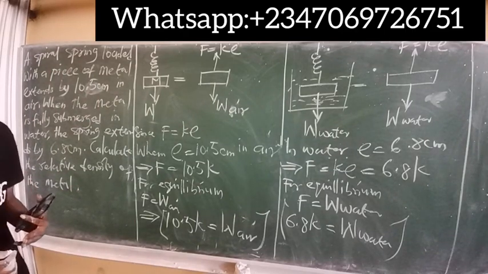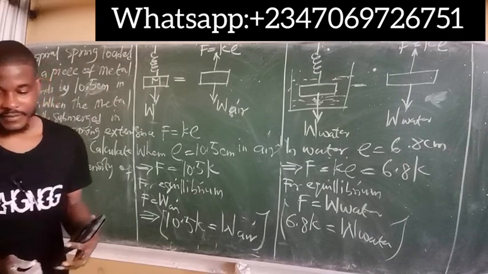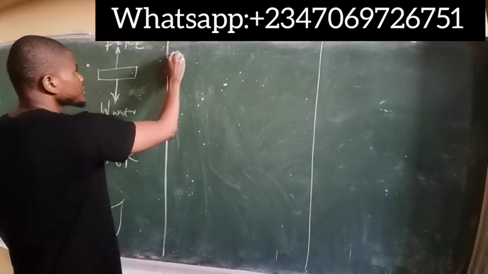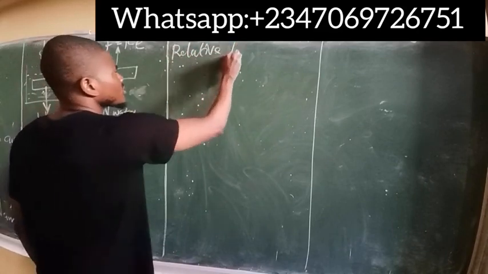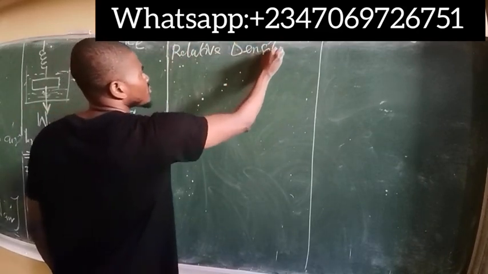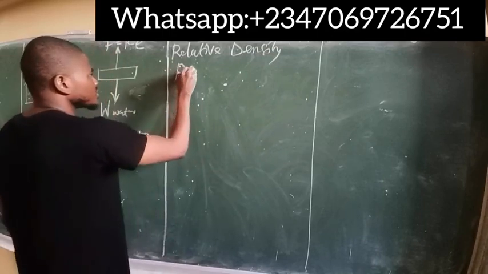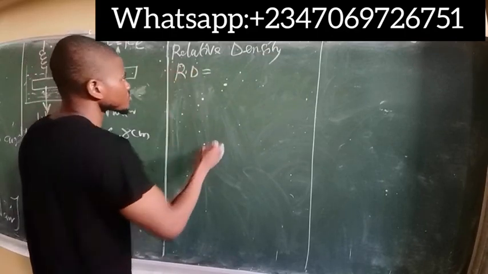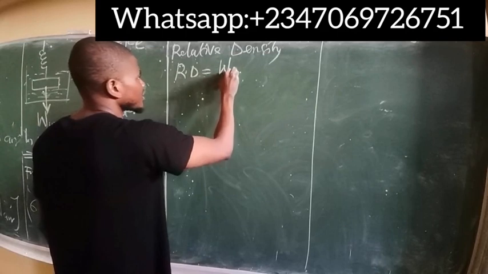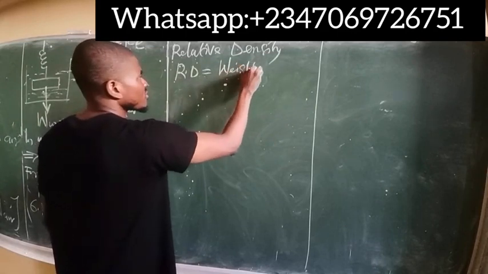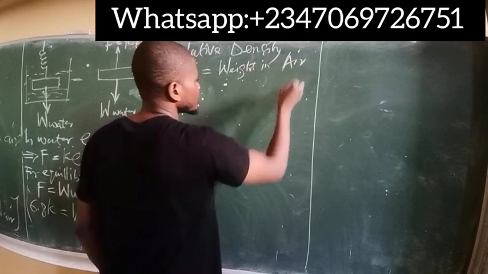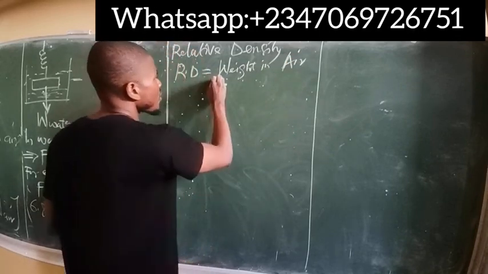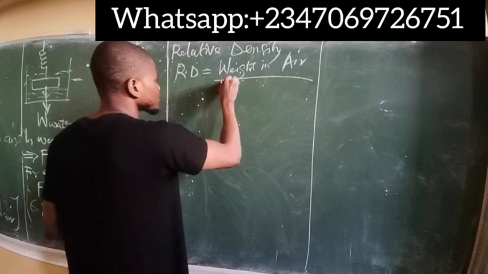What then is the formula for relative density? Relative density, R.D., can simply be given mathematically as weight in air all over weight in water.